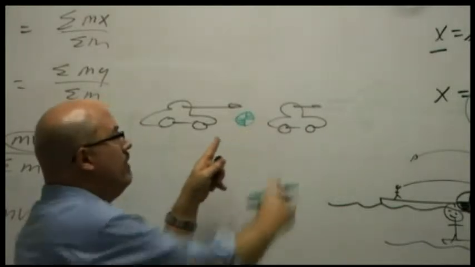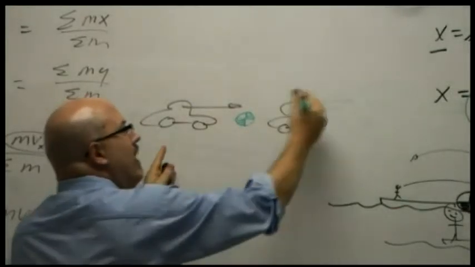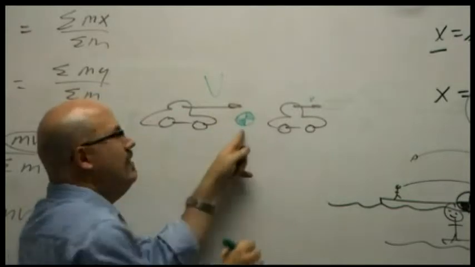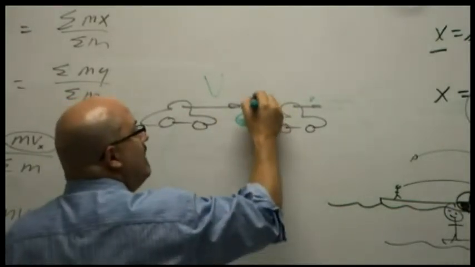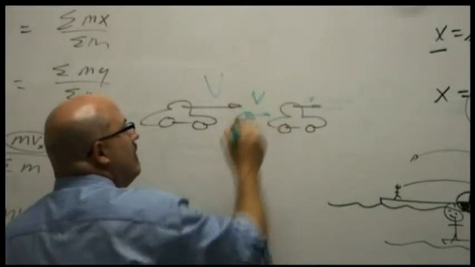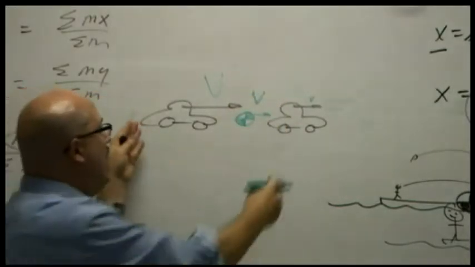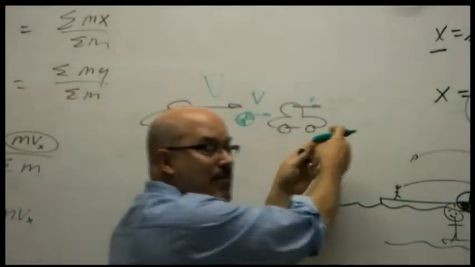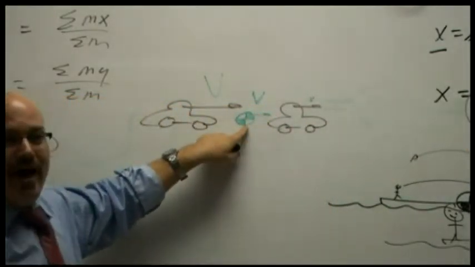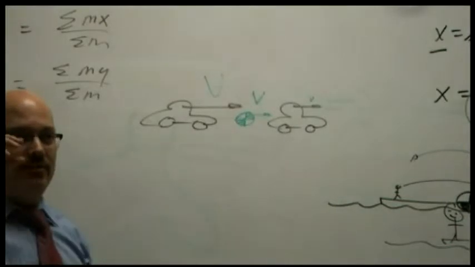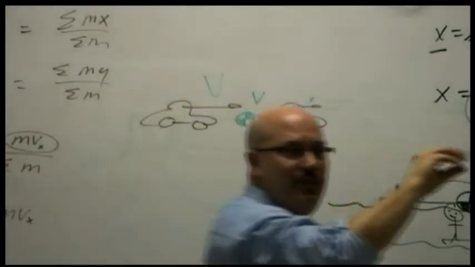Now, this one's moving slower, this one's moving faster, little v, big V. This V is going to be somewhere in between, right? Yes. So it's moving to the right at an in-between velocity. Okay? Now, when these two collide and maybe bounce off or maybe not bounce off, this center of mass never changed. It just kept going at the exact same speed the entire time.